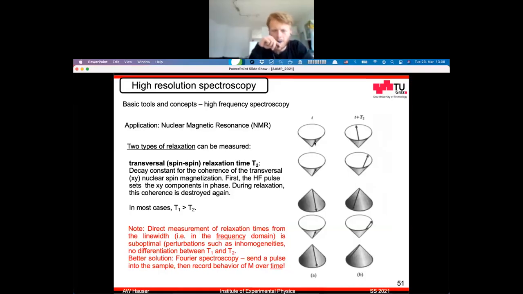The spins of the atoms are also coupled to each other. There's a spin-spin interaction, and there is the possibility to also dissipate energy, and therefore you also lose this prepared state of a defined magnetization in the XY plane.